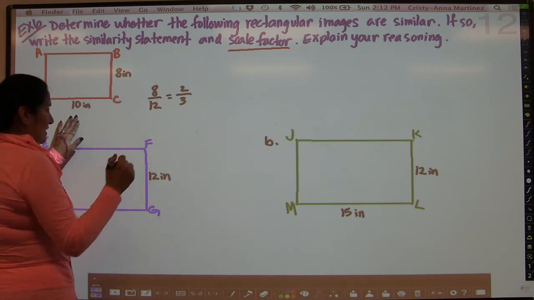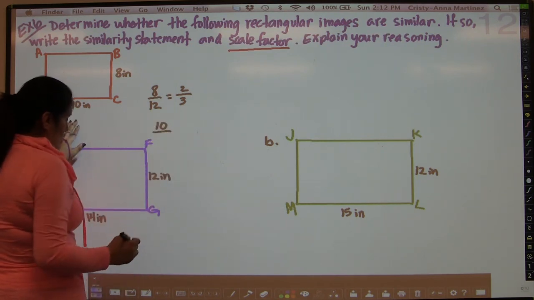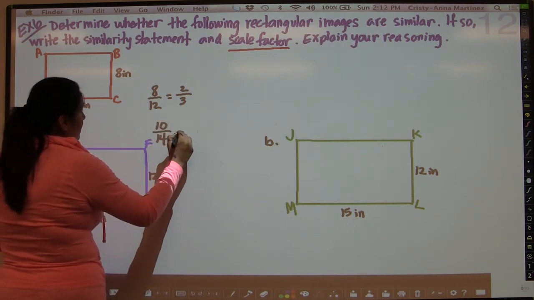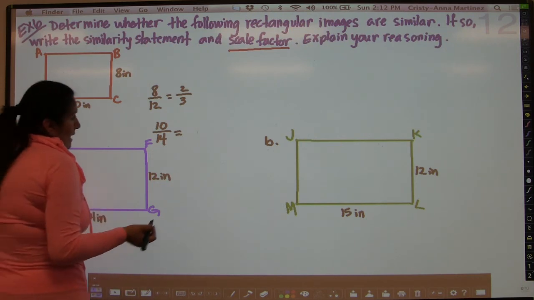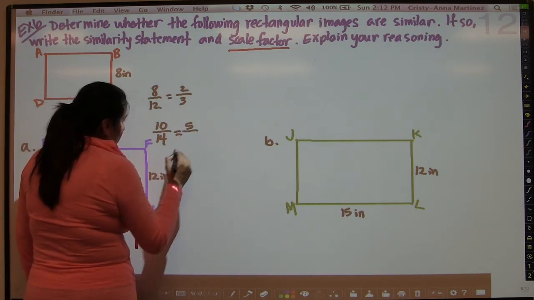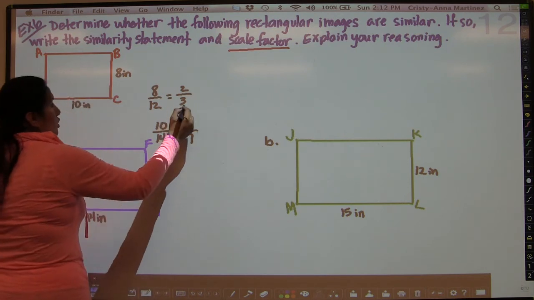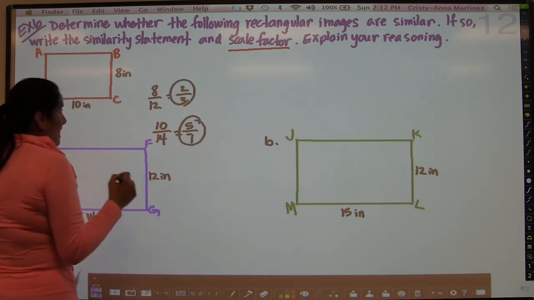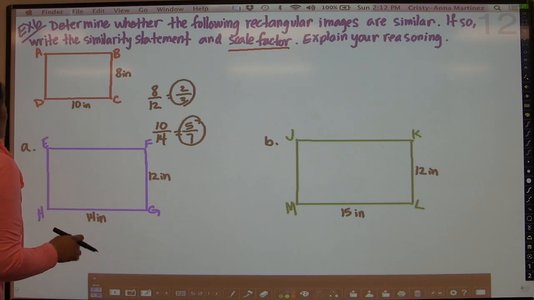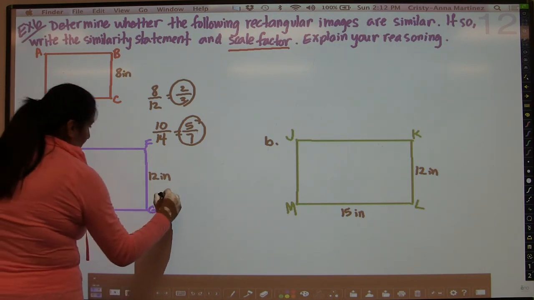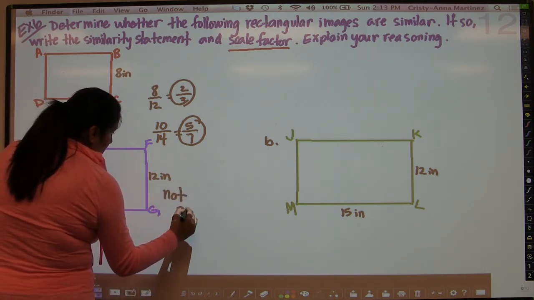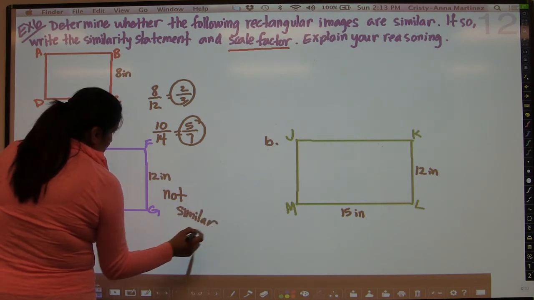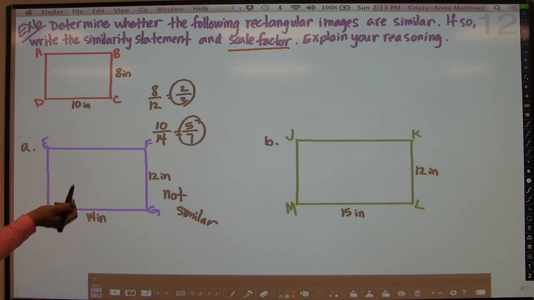And then when I try it with the 10, I get 10 is to 14. In this case, 2 goes into 10 5 times, and 2 goes into 14 7 times. But the ratios 2/3 and 5/7 are not the same. So therefore, these are not similar. So for part A, it would not be similar. And if you wanted to explain your reasoning, it would be because they don't have the same ratio. So the corresponding sides are not proportional.